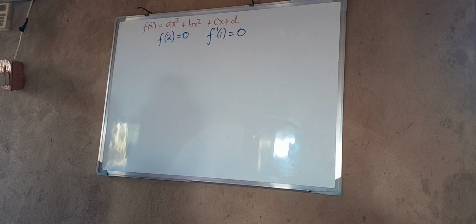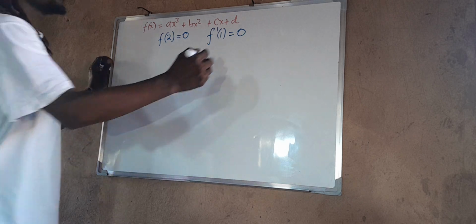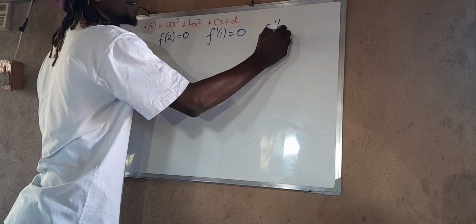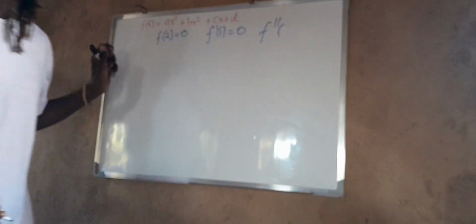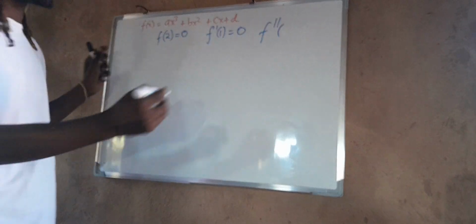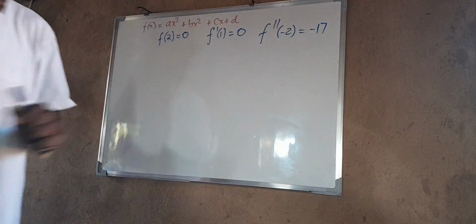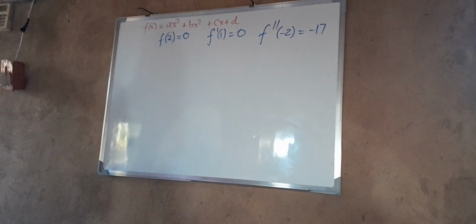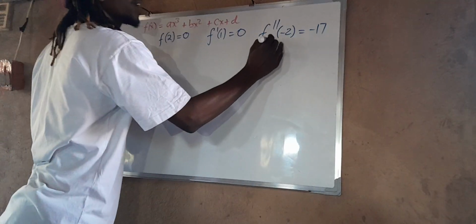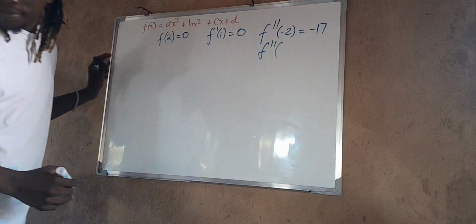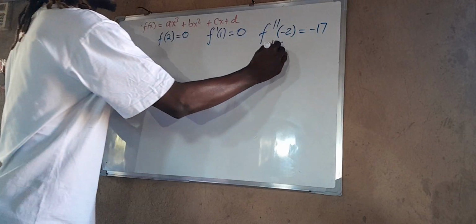And then we're also told that the second derivative at negative 2 is equal to negative 17, right? And the second derivative at 2 is equal to 7.